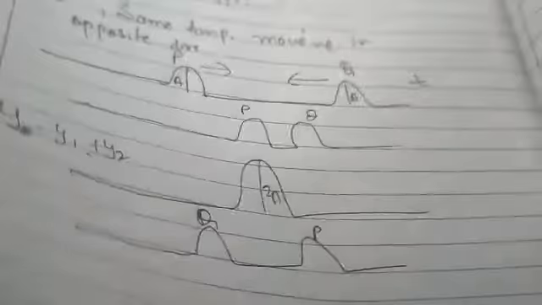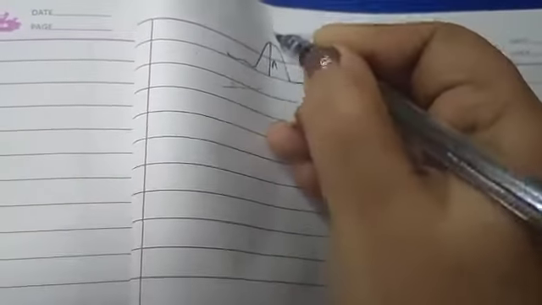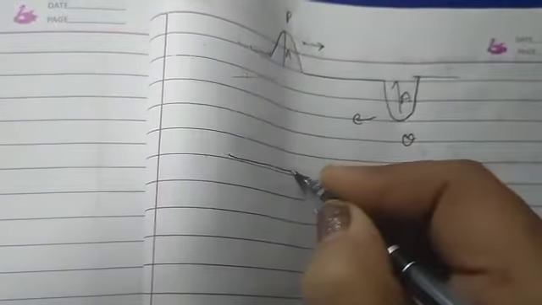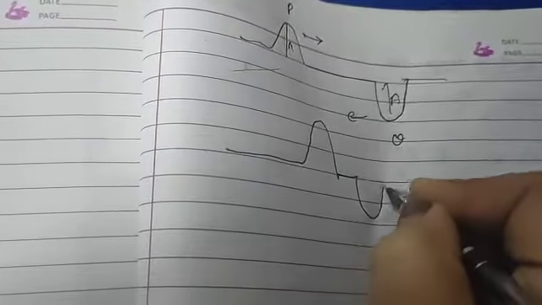Similarly, consider two waves of the same amplitude but of opposite sign. Here we have two wave pulses, P is positive and Q is negative, both having the same amplitude A. Both are moving in opposite directions. After a certain time, when they superimpose, P comes closer and Q also comes closer.